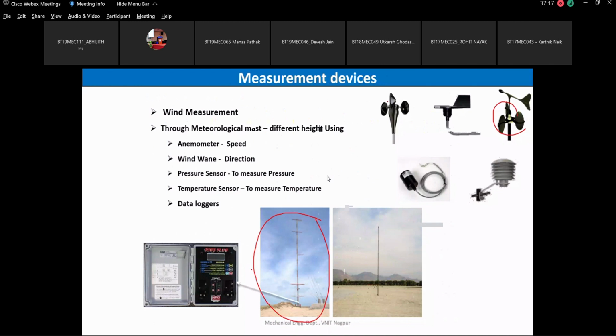Satellite data is owned by NASA or DTU, Denmark Technological University. From there we can check the wind speeds or other wind parameters.